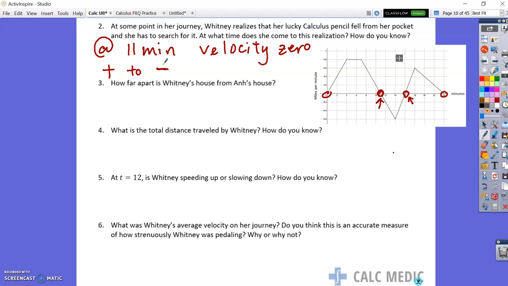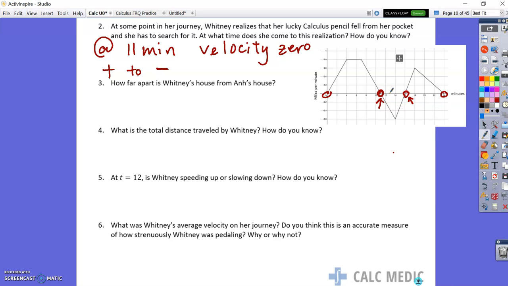And you'd want to use words for that, not symbols. Which means she goes from going forward towards her friend's house to going backwards. So she's backtracking here, and she's backtracking for 5 minutes. And then she's going back to her friend's house.